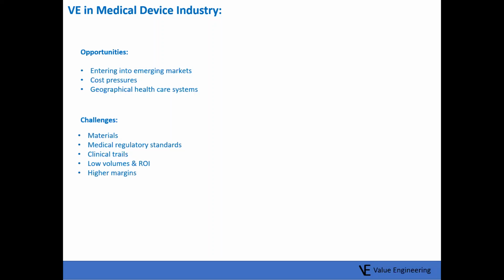In that scenario, if you do value engineering and showcase that you can reduce 10 to 15% in savings, management may not agree. They say my profit margin is already 60 to 70%, so why should I spend money and energy to get 10 to 15% savings? That is one more challenge I have faced. These opportunities and challenges are purely from my 6 years of experience in the medical device industry on value engineering.